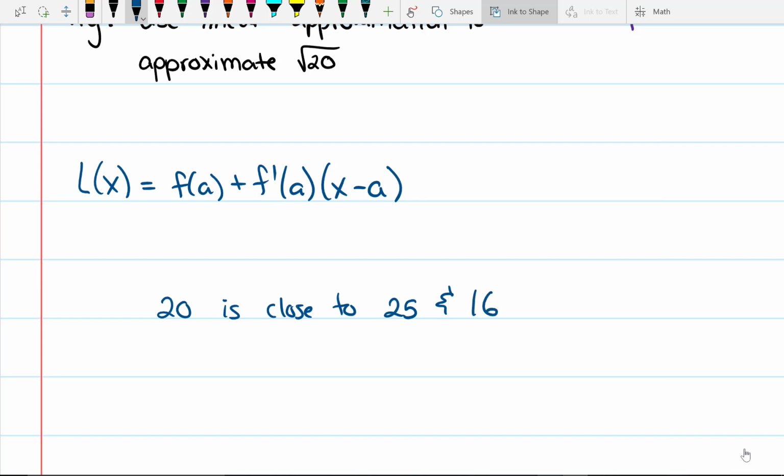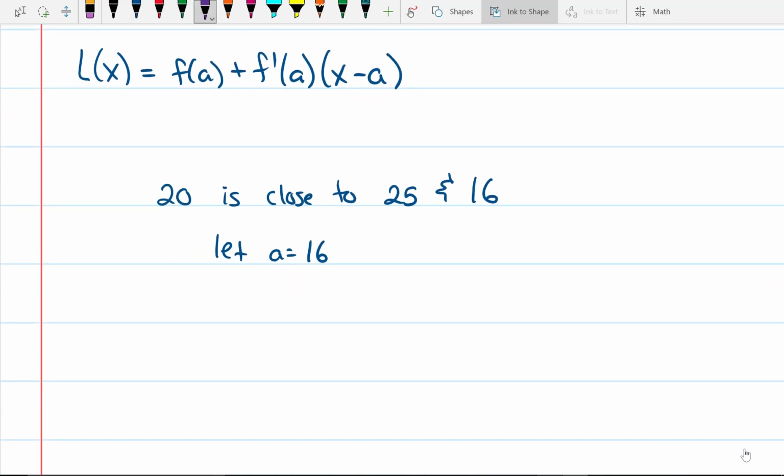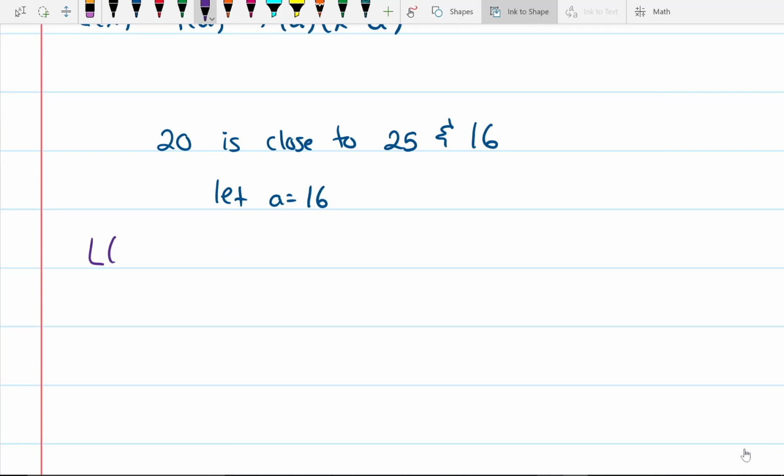Either one will work, but because 20 is closer to 16, let a equal 16. If you use 25, it would also work. So here we go. We have L of x is equal to f of 16 plus f prime of 16 times x minus 16.